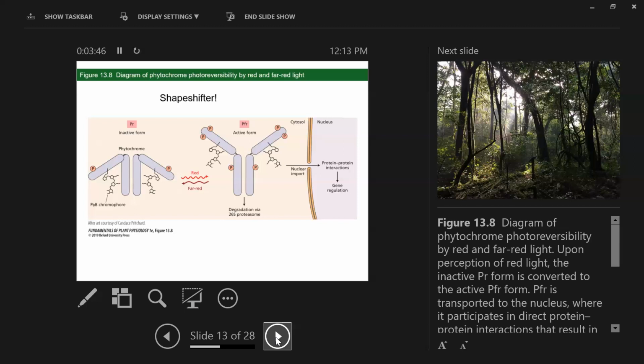Maybe it's going to tell the plant, go ahead and start flowering, perhaps. So it's kind of funky that it's just a shape change that's allowing that version of phytochrome to send the signal, interact with these other proteins, and then get stuff done. It makes things happen just by changing shape. It's kind of a really simple idea, but it works.